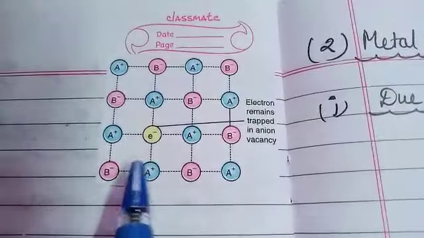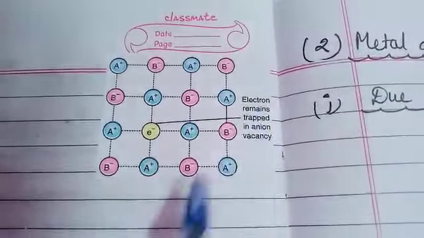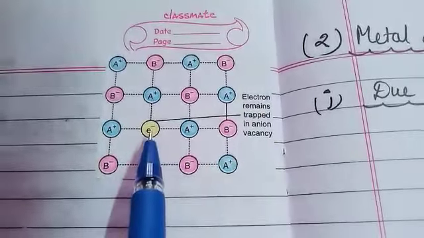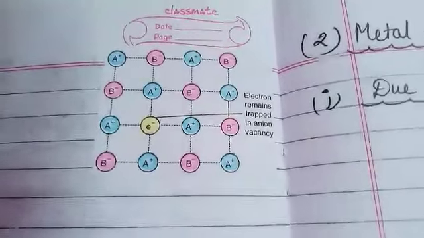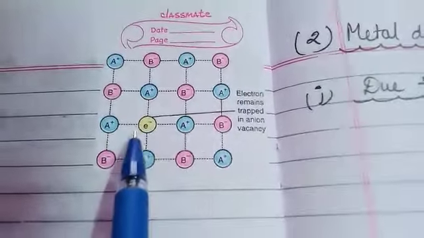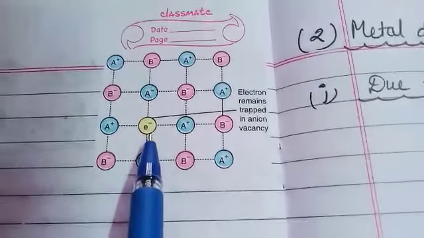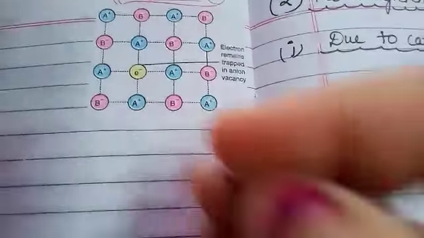Now just see, due to anion vacancy, the anion leaves its site. When the anion leaves its site, the electron gets trapped in the anion vacancy, and this is known as an F center.